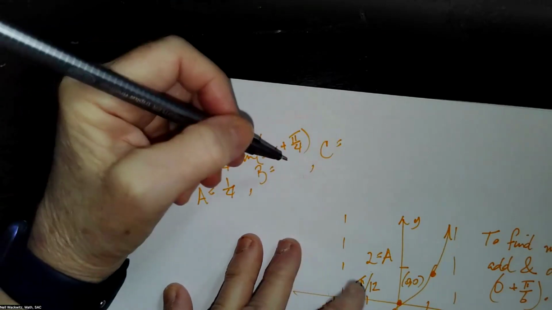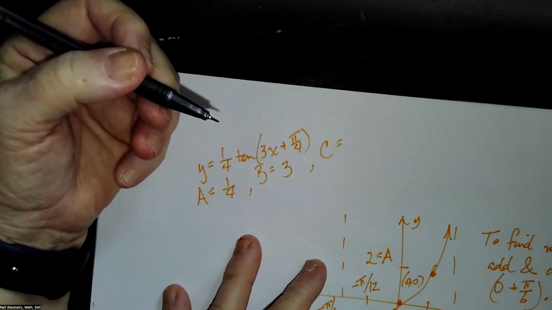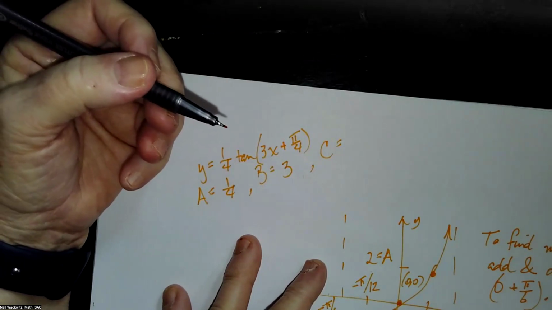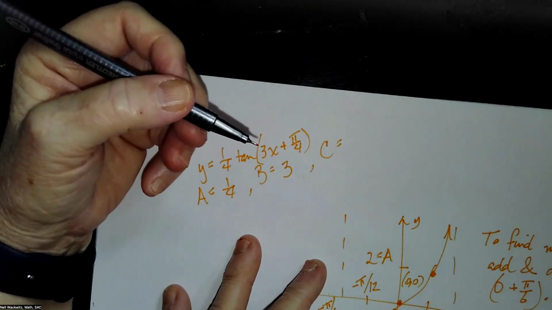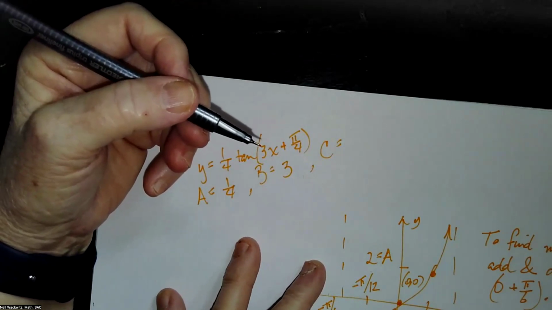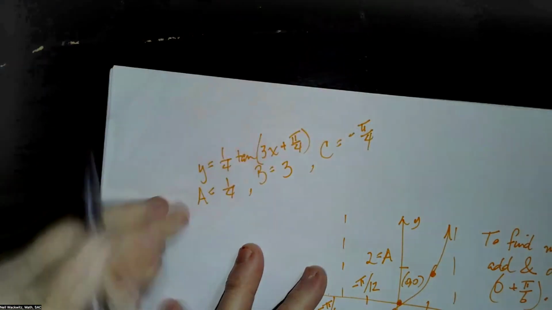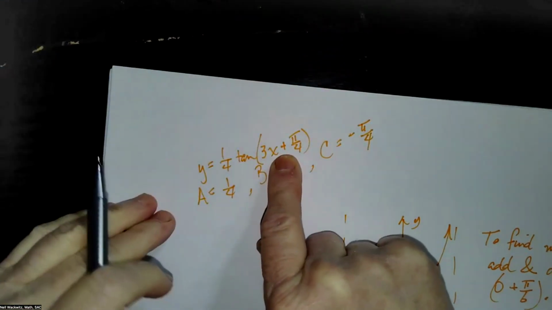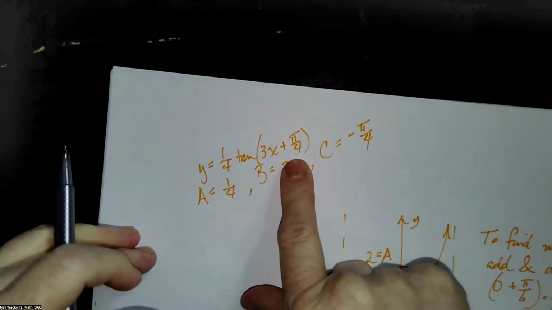B is 3. And C is pi over 4. Almost. There's a negative in front of the pi over 4, because there's a plus sign. So I have to do 3x minus negative pi over 4.